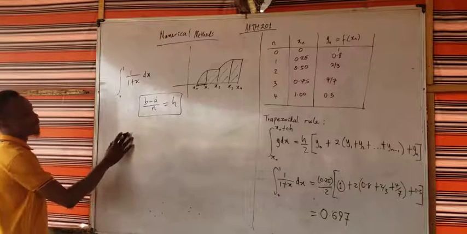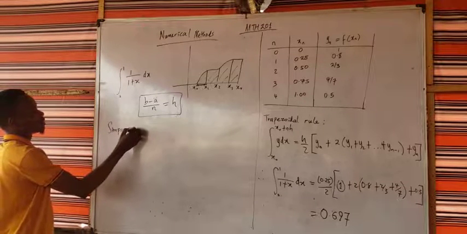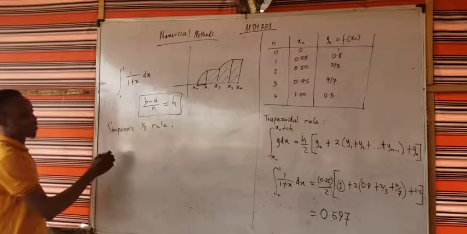Alright, so for Simpson's 1/3 rule, what is that going to be?